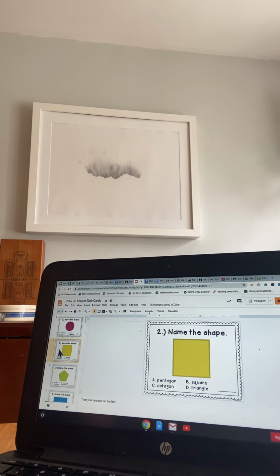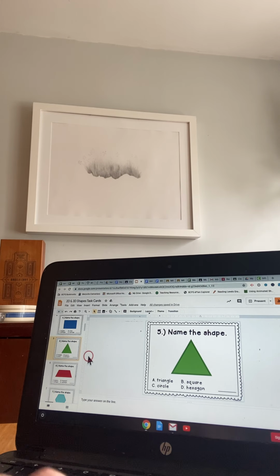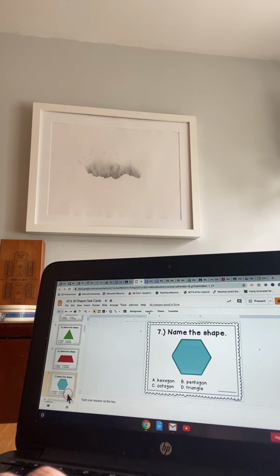A pentagon has 5 sides, okay? 4 should have been a rectangle. 5 should have been A, a triangle. 6 should have been B, a trapezoid. 7 should have been a hexagon, A. And then 8 should have been an octagon, which has 8 sides.